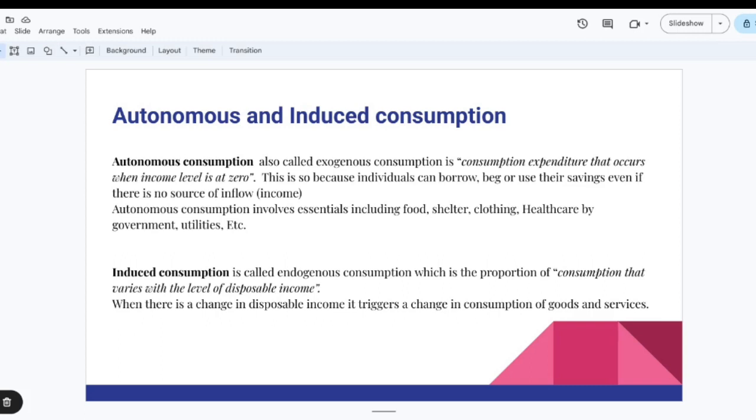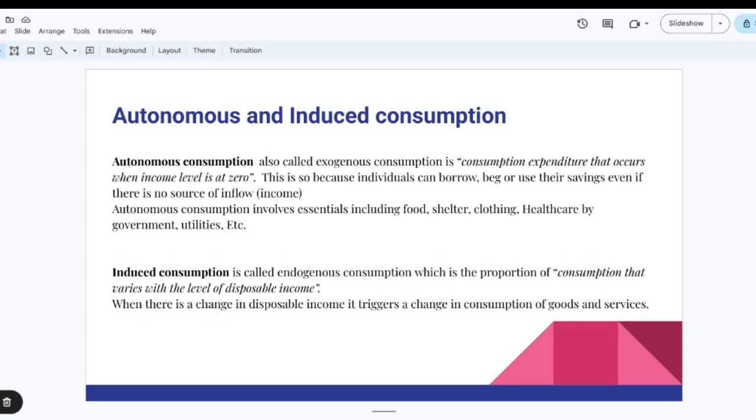Some examples of autonomous consumption would include essentials like food, your basic needs, and money that the government spends on us. So it doesn't consider the income levels of individuals. It's independent of income, whereas induced consumption is dependent on income level.